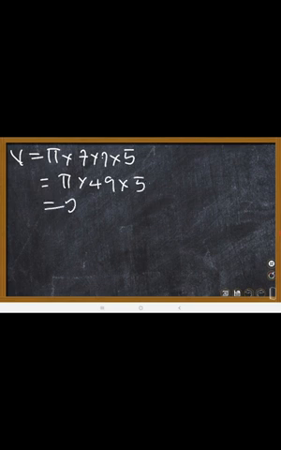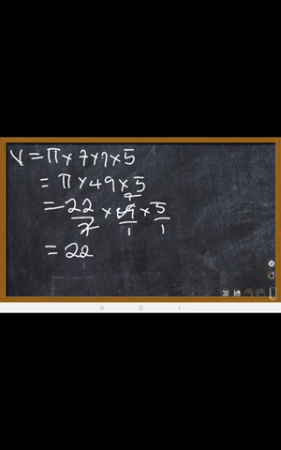We have volume equals pi times 7 times 7 times height 5, which is pi times 49 times 5. And you know, pi, the constant, is 22 over 7, times 49 over 1 times 5 over 1. 7 into 49 is 7.